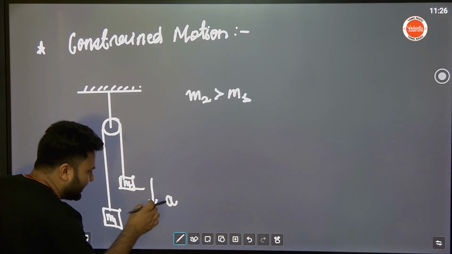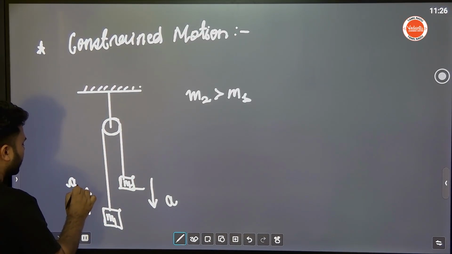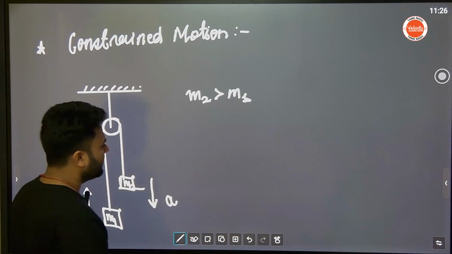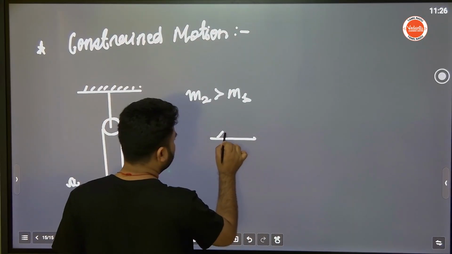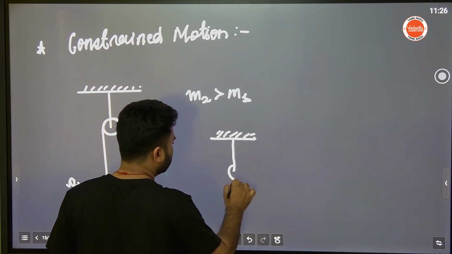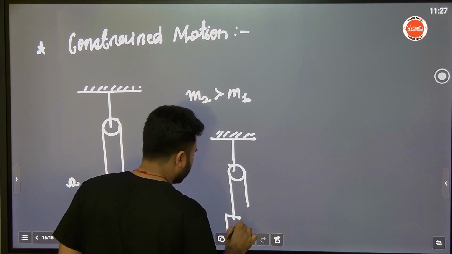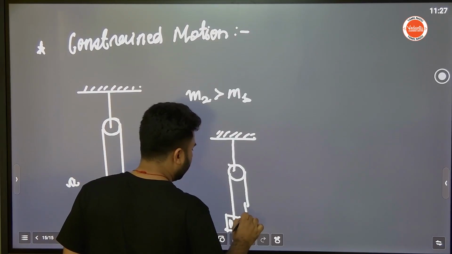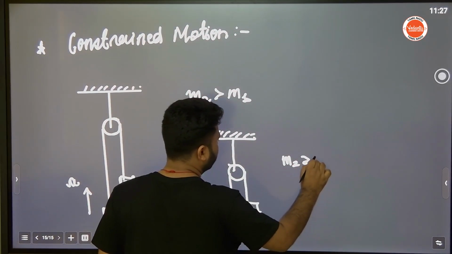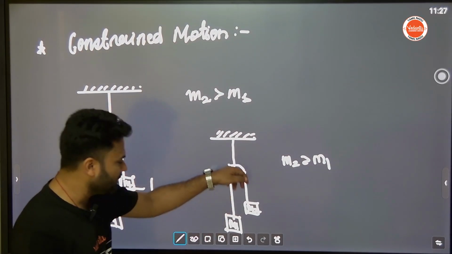If it goes down with acceleration A, definitely this will also go up with acceleration A. Same thing, like suppose I can use for velocity also. M1, M2. Same situation. M2 is greater than M1. This is heavy, this is light, this will go down.